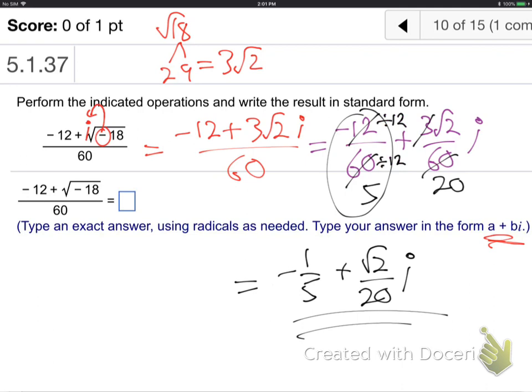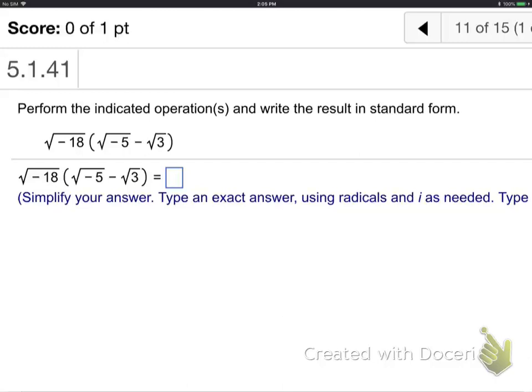Yeah, good. Okay. So I would first let that negative come out of the roots as i's, and I would clean up that root 18 before I multiply. It makes life easier to clean it up right now. Remember what 18 is? Simplify that root 18, let the negatives in the roots come out, and simplify the roots.